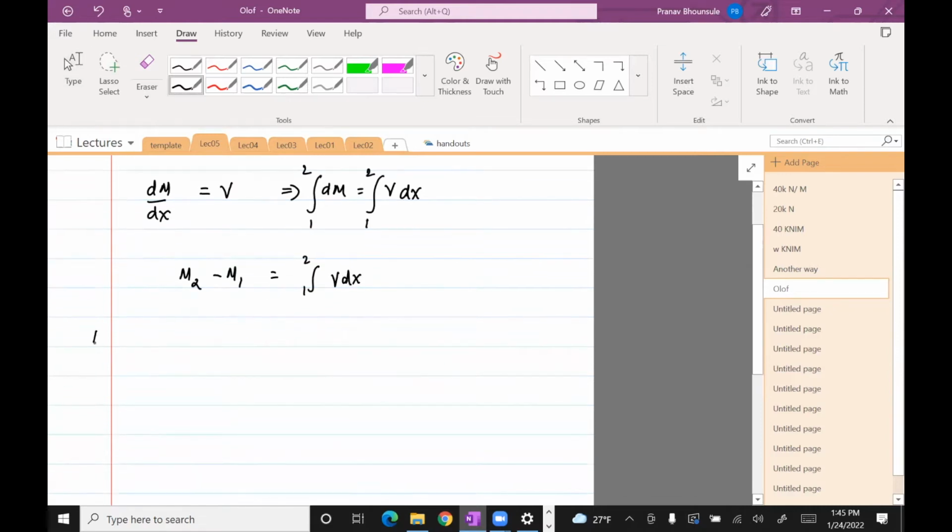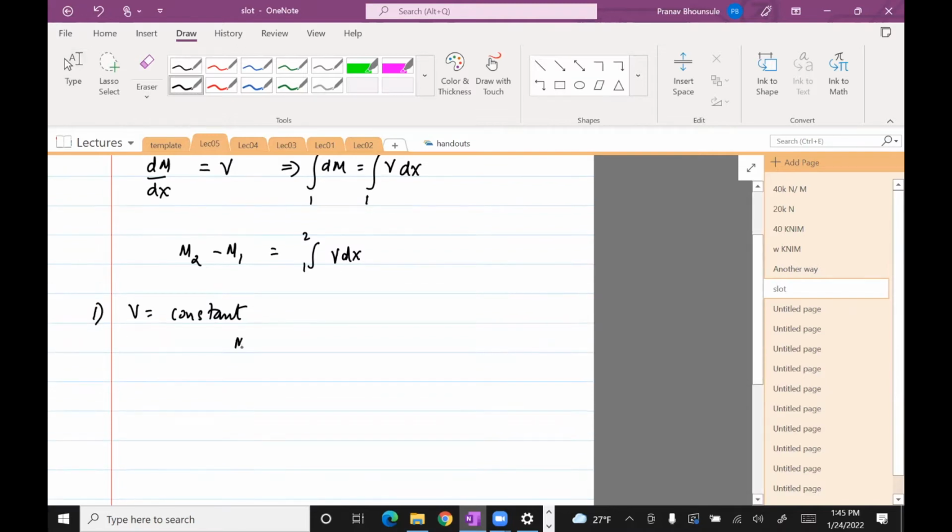Now we have two cases, and we won't go beyond these two levels of complexity. One is V is constant. Look at the shear force diagram, and you'll see that the shear force is constant. It could be 0, it could be 5, 10, whatever, but it should be a constant. If it's constant, then we can pull out V from this equation, and we'll have M2 minus M1 equals V times the integral of dx from 1 to 2, which is V times x2 minus x1.